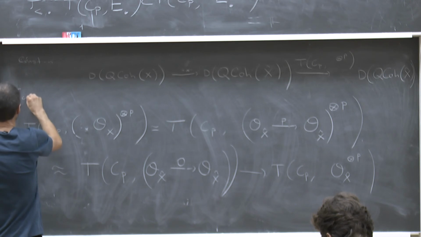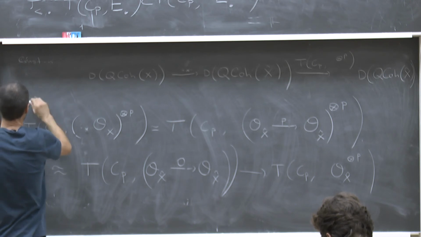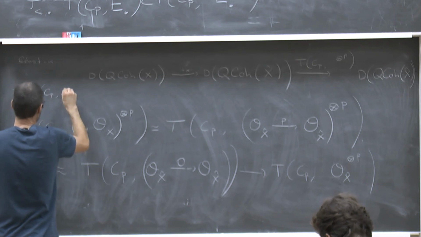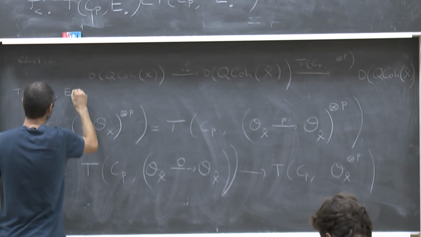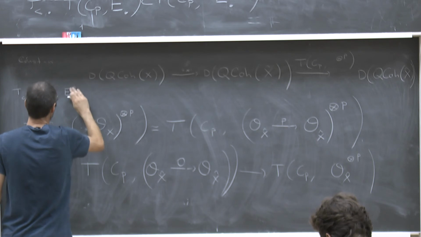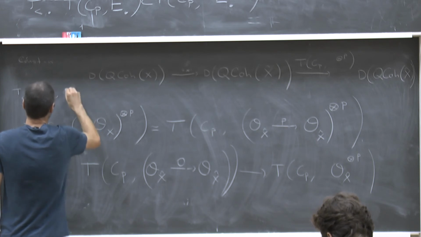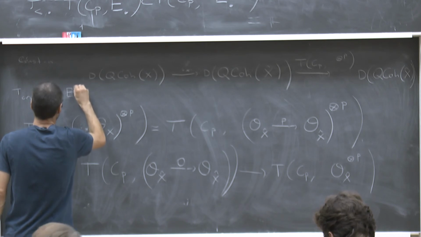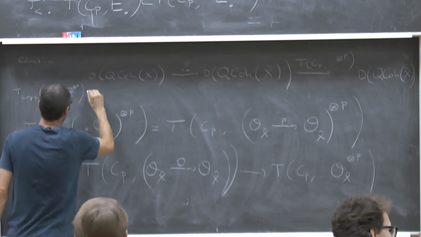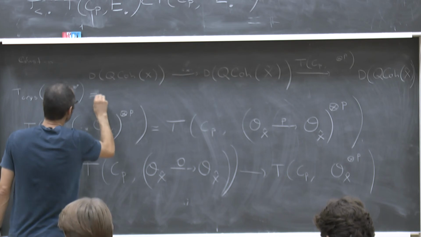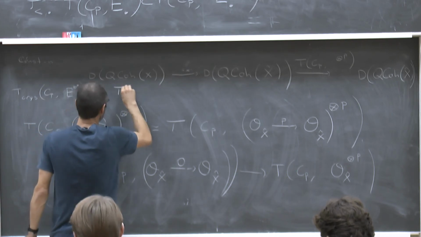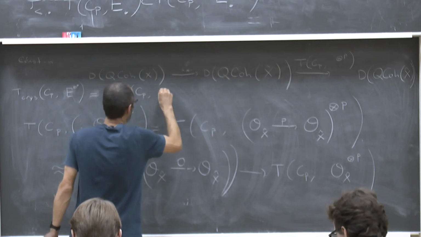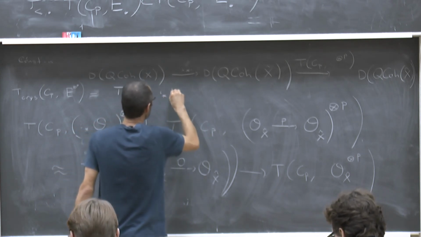So Cp of E is, by definition, Cp of I rho star equal.